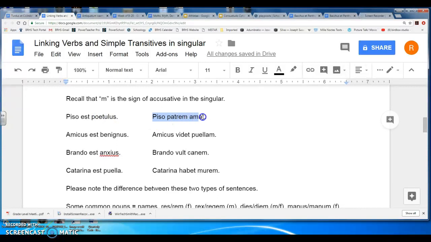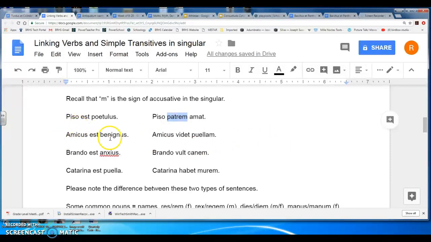Over here though we have Piso patrem amat. Notice it's not pater, it's patrem. Piso is our subject, the verb then is amat, loves. Whom does Piso love? It answers the question whom or what. And amat is a transitive verb, so we have patrem. You've got to get that.